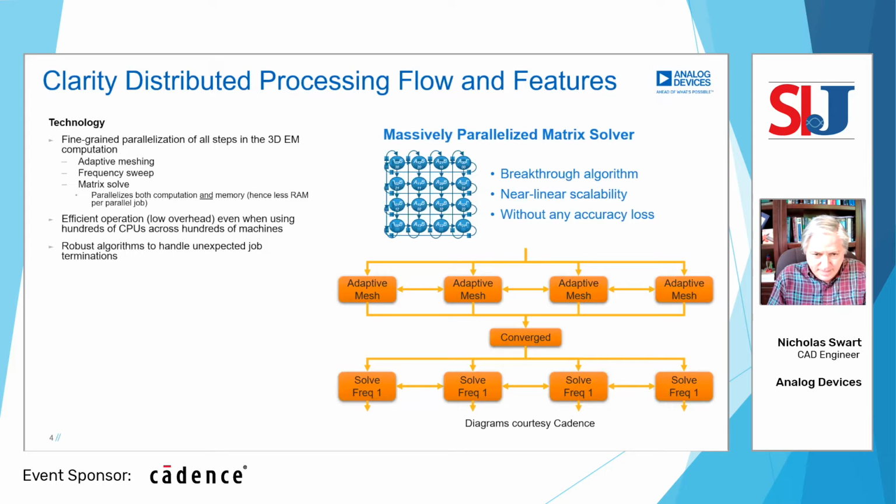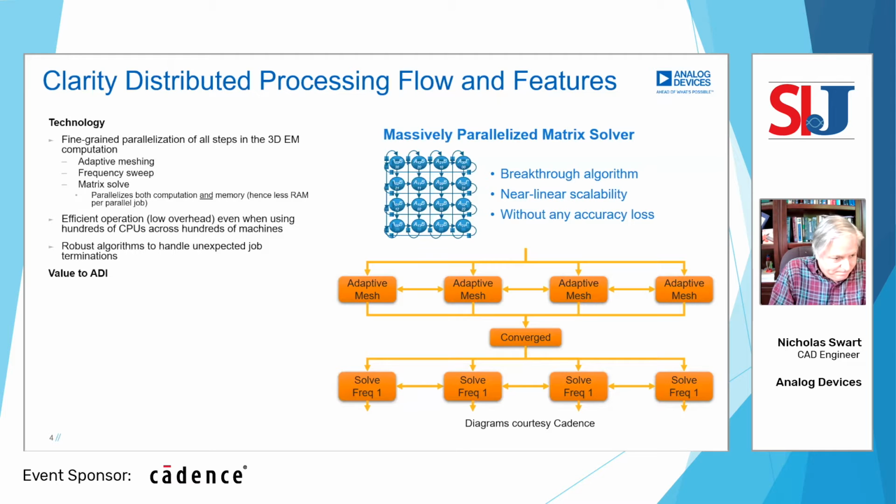And Clarity, we have found, is quite robust, because when you're running a large number of jobs on a farm, it's not that unusual sometimes for jobs to fail for whatever reason. The farm machine might fail, or the job might get killed by the farm management system and migrated to another machine. So you want the solver to be robust in the face of that kind of thing.